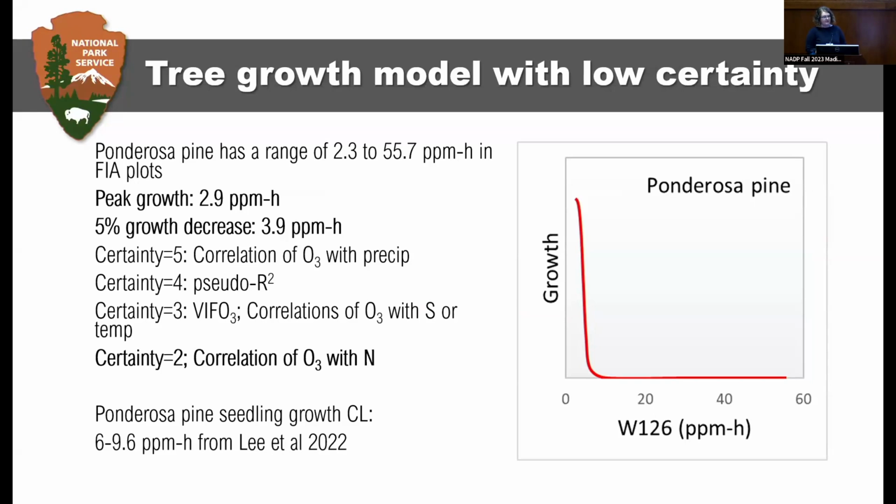And so although we could pull out these critical levels for mature ponderosa pine from this analysis, we are instead going to continue to use to describe risk to ponderosa pine the tree seedling critical level from Lee et al., which is 6 to 9.6.